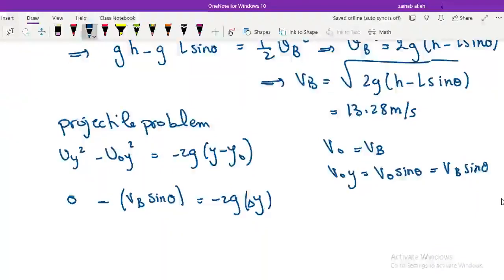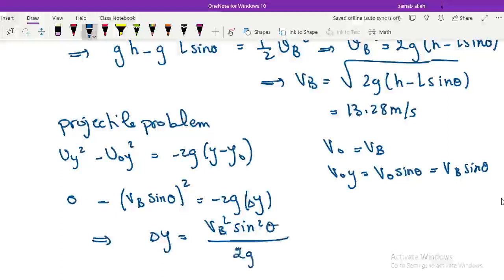Okay, so we will get delta y equals, I forgot the square here, VB squared sine squared theta over 2g. I will substitute.